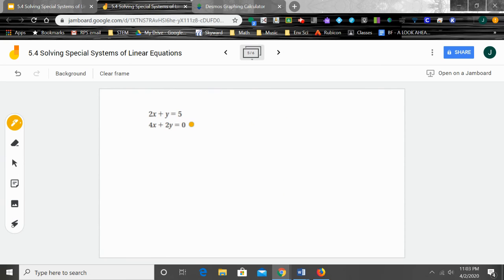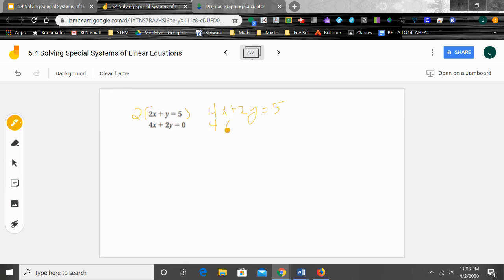Now let's come to this one. Many of you want to jump in and automatically do substitution. We don't need to do substitution here. We're going to solve this one by elimination. We just want to get a coefficient to be the same. If we multiply the top equation by 2, we'll get both x's to be 4x. So the top will be 4x plus 2y equals 5.